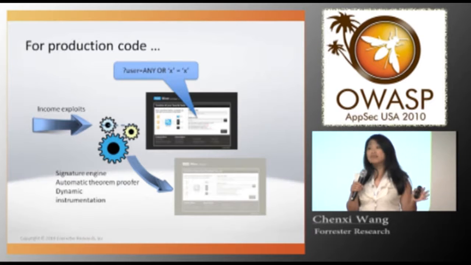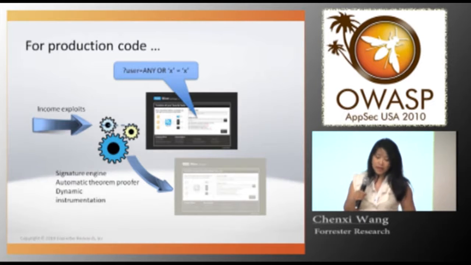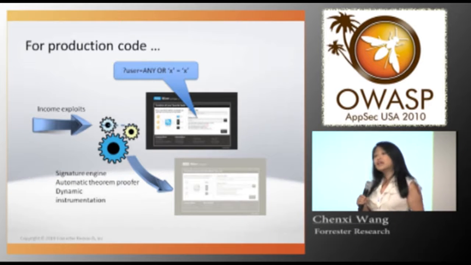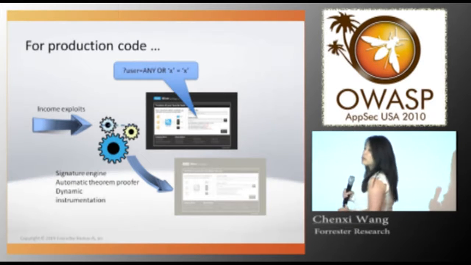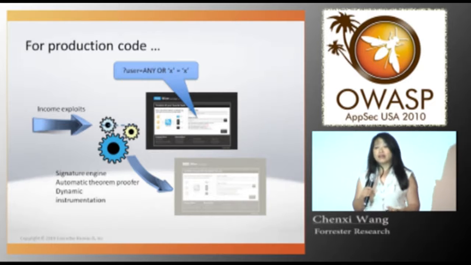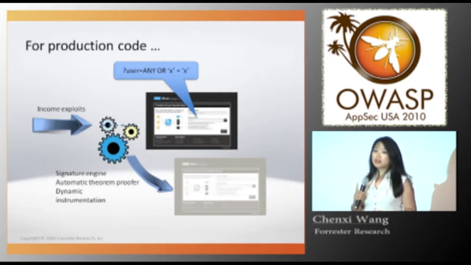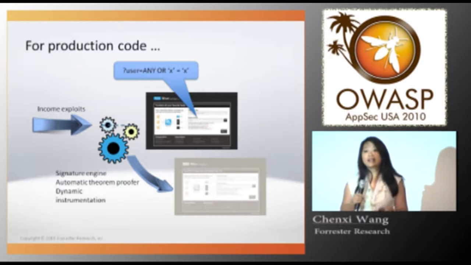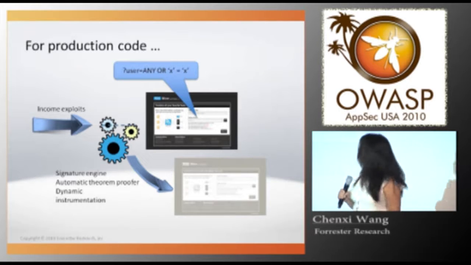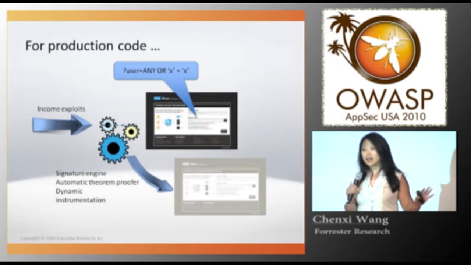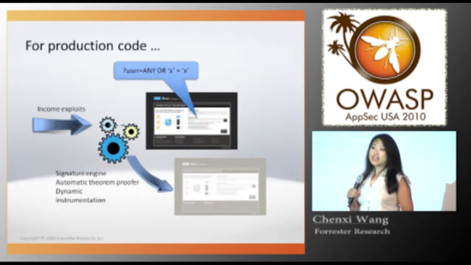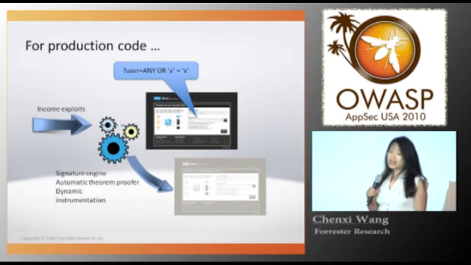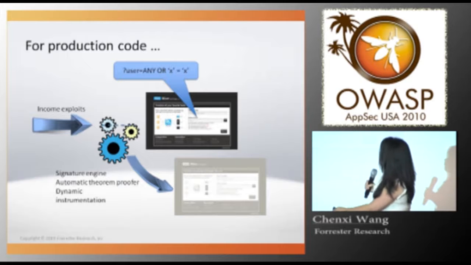Signature: if you have an attack signature, by all means, you should look for it. Attack signature, and some kind of very efficient automatic theorem prover that tells me that with this input, oops, we're going to run into an insecure state, okay? And when that happens, do dynamic instrumentation of the code, and now, voila, you've got a secure web application for this particular exploit, generated dynamically. That's what we need.